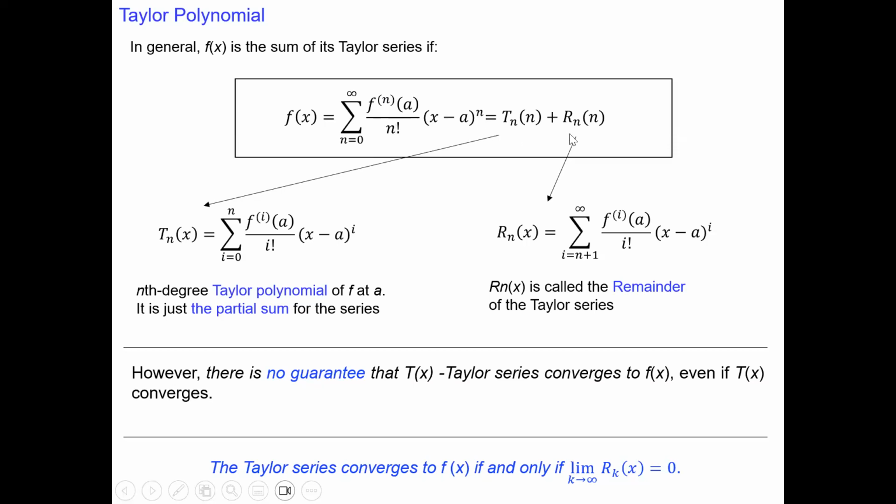And we can split this into T sub n of x plus R sub n of x. T sub n is just the terms from 0 to n, which we call the partial sum. We remember partial sums. But since we're talking about the Taylor series, this is the nth degree Taylor polynomial of the function.